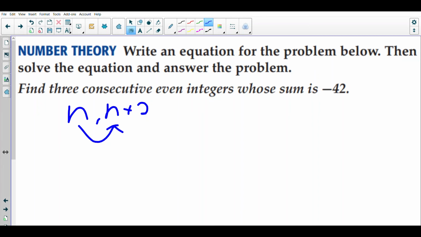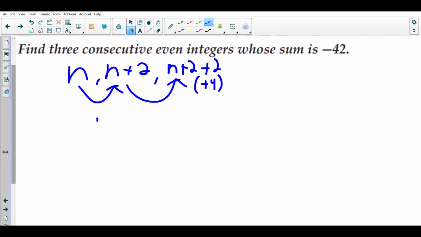And then my next integer is going to be whatever that previous one is, plus 2. So it's actually going to be n plus 2 plus 2, or plus 4. Okay, so those are my 3 integers: n, n plus 2, and n plus 4.